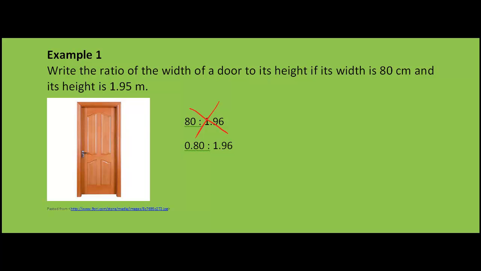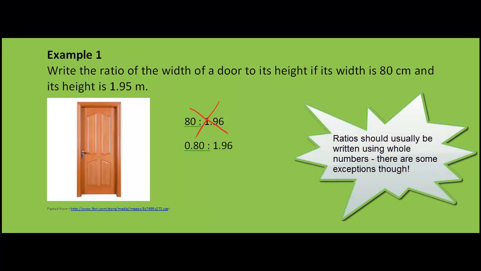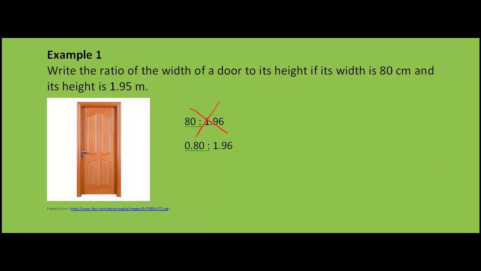Now notice that you don't write the units, in this case meters, as part of the ratio. However, the ratio 0.80 is to 1.96 now represents another issue. Ratios should generally be written using whole numbers, though there are some special exceptions I'll discuss in another video. We can overcome this issue in this example by multiplying both numbers in the ratio to give 80:196.